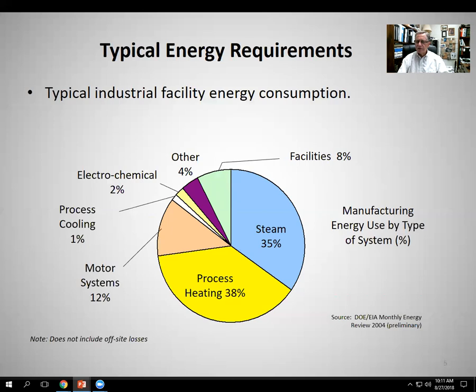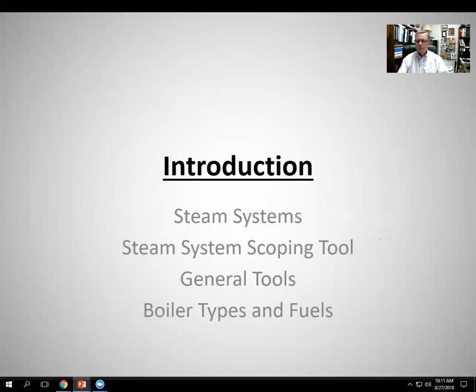And that's typically fossil fuel driven, most likely natural gas. Some industries, pulp and paper, use black liquor derived from the process. Waste materials such as bark and waste wood get used, and many other things that we'll talk about some of those during the semester. Okay, introduction. We'll move on into that for a little while.